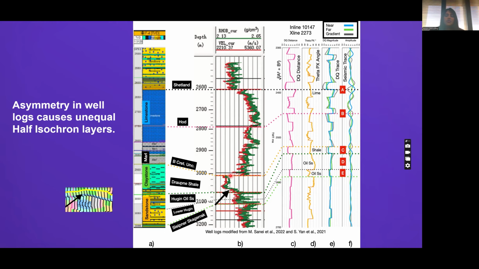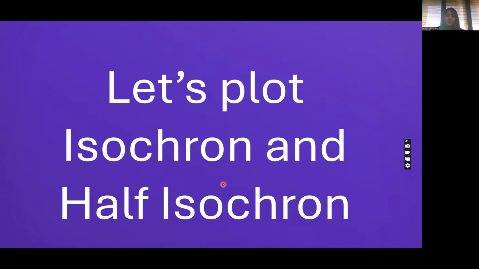But if you look here, this doesn't resemble this. There's a kick right over here, and this kick is the blue streak. So you see how good a resolution you get with your distant quadrant attributes. So let's plot isochron and half isochron.